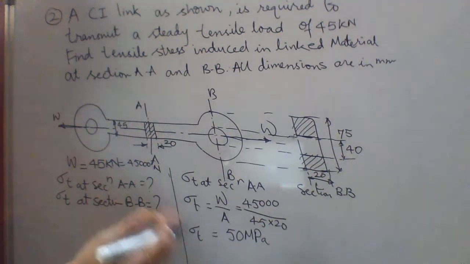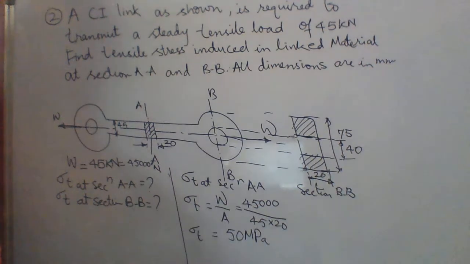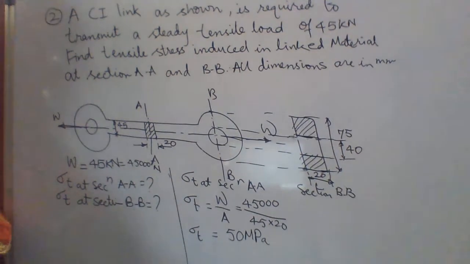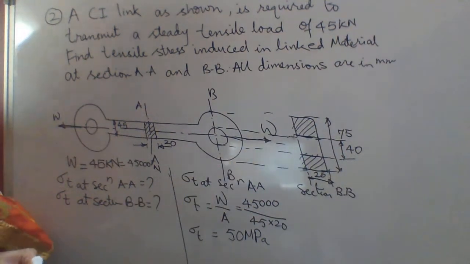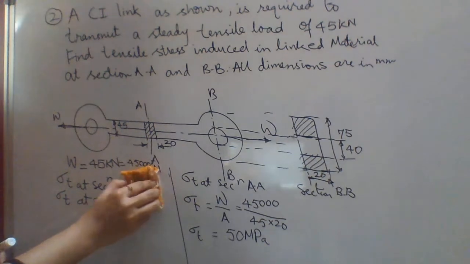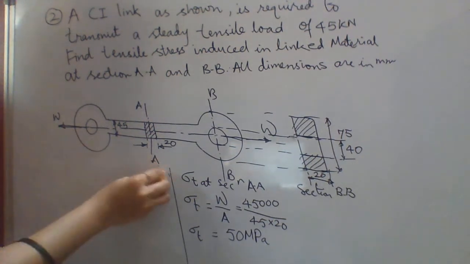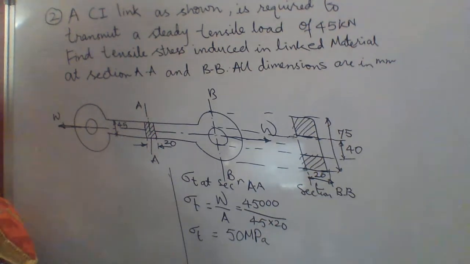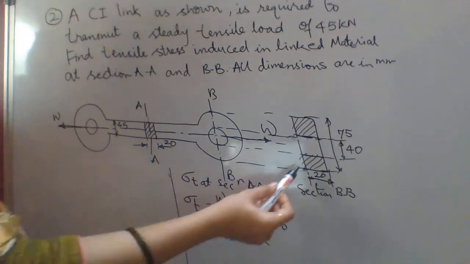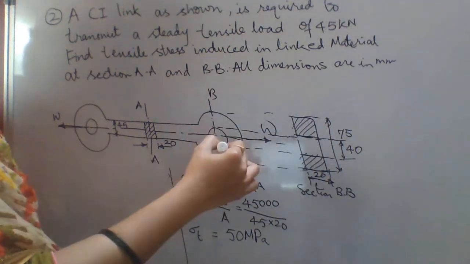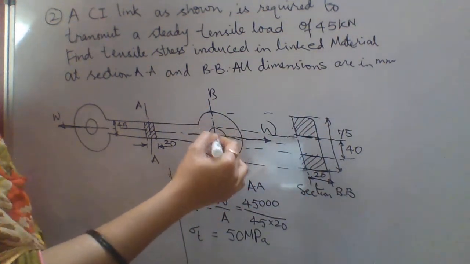In the same way, we will calculate sigma T at section BB. Now for section BB, the section is already given in the question, so it becomes very easy to attempt because we can calculate the area at the section very easily. The area at section BB is a hollow ring type.